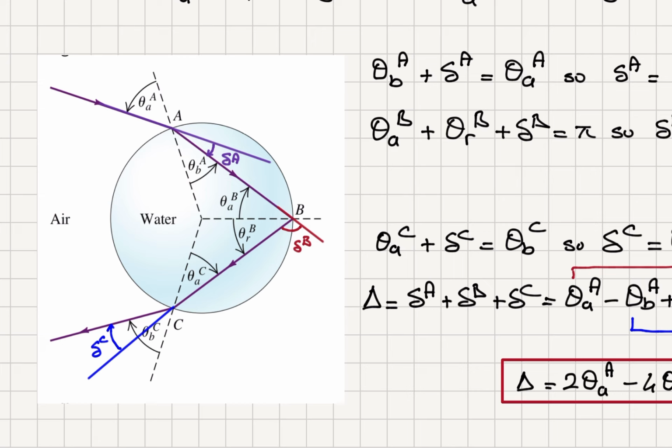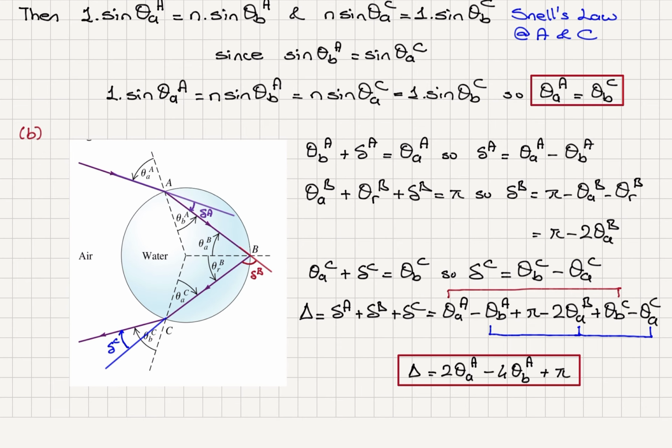At point B, the angle of incidence, angle of reflection, and the deviation add up to pi. At point C, the deviation plus the angle of incidence adds up to the angle of refraction. So, noting these three observations and the results of part A, we reach the total angular deviation from the original trajectory.